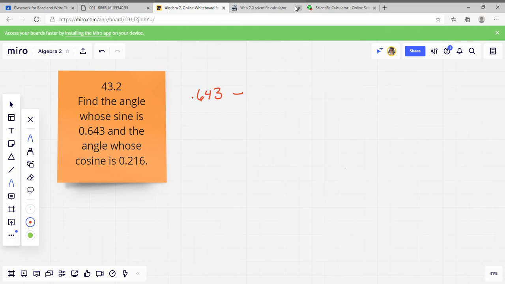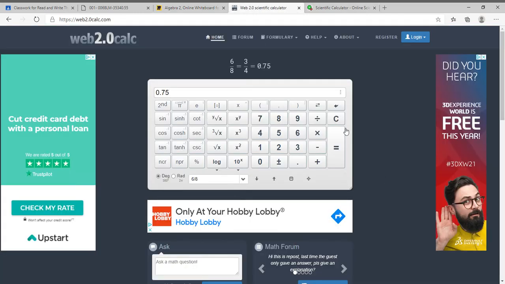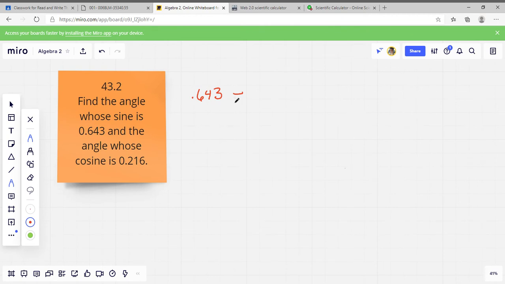We're going to go to our scientific calculator. Now, there's two different ways this is going to look on a calculator. So we're going to put 0.643, and here's sine, but we need the inverse of that. So I'm going to hit second, and on this calculator it says a sine, and that's equal to about 40 degrees.